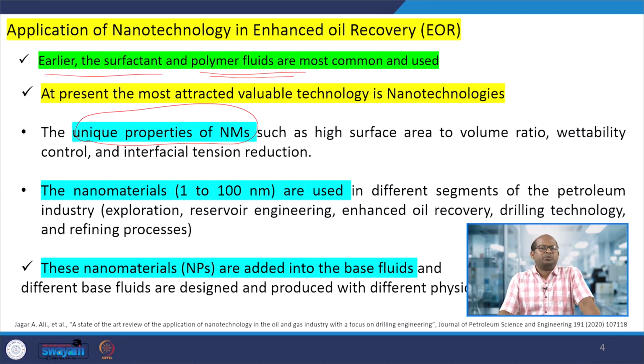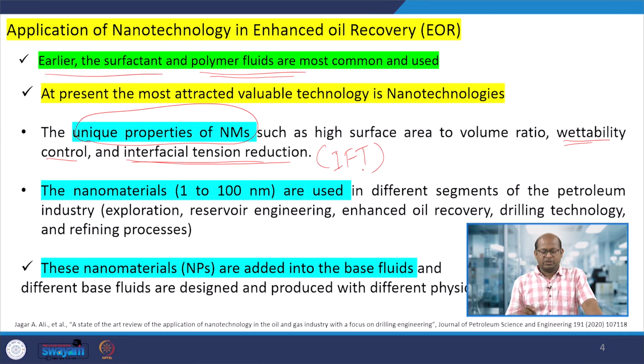These nanomaterials can control the wettability of the fluids or oil present in the reservoir. They also change the interfacial tension between the oil and the rock inside the reservoir, lowering the interfacial tension (IFT), so that the trapped oils can be recovered.